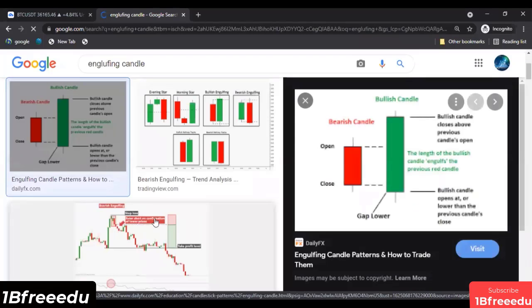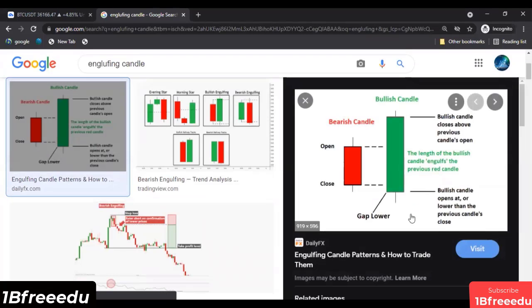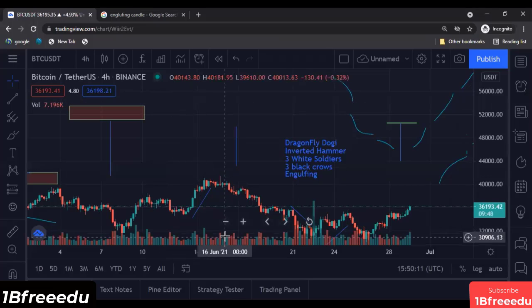The pattern indicates a potential bullish move when there's a bearish candle and then a bullish candle that is quite large in its size and in its volume, and it engulfs that bearish candle.